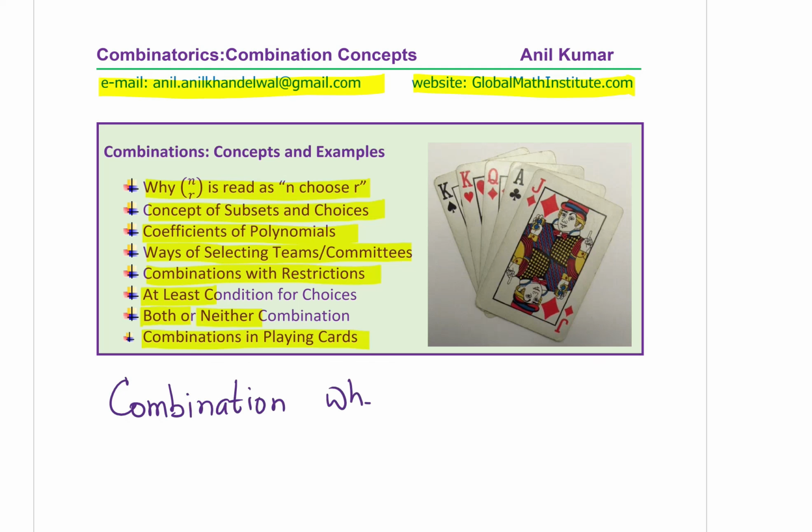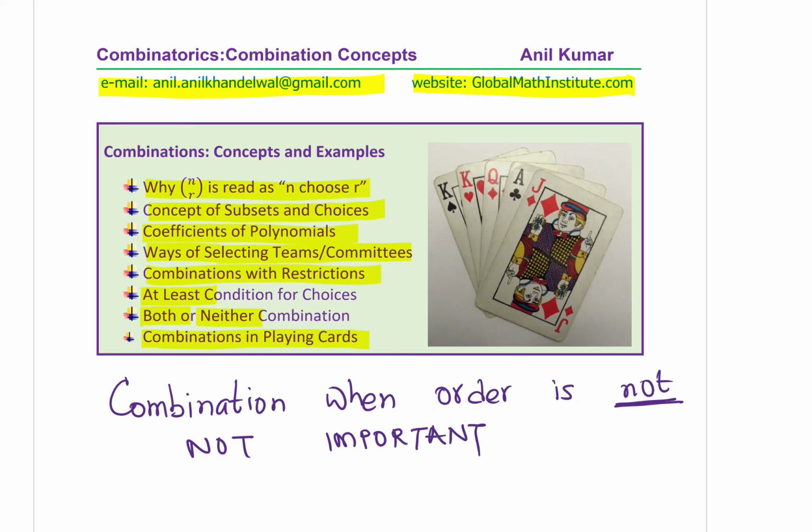when order is not important. I should write bold, right? Not important. Rather like this, not important. Then only use the concept of combination as we did in this particular case.